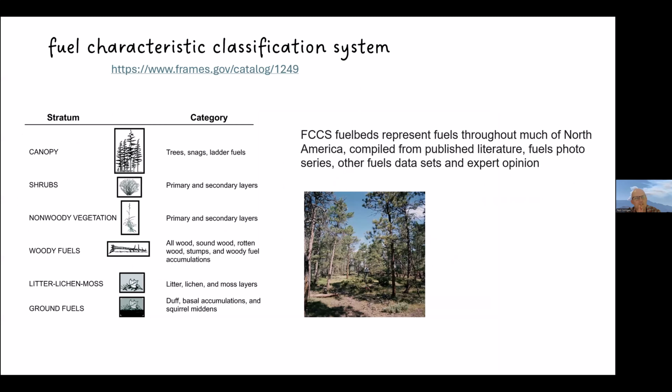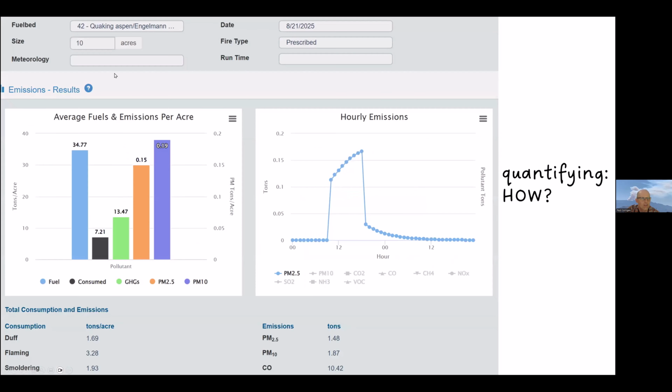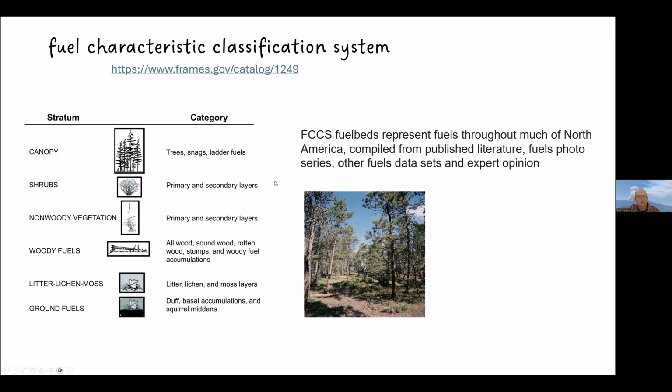Okay, so we'll switch gears to talk about the Fuel Characteristic Classification System. That fuel bed 42, quaking aspen, Engelmann spruce, is one of the many fuel beds, probably about 500 for natural vegetation, in the Fuel Characteristic Classification System. Some folks had mentioned earlier in the call, when I asked what fuel types you see in this picture, fire behavior fuel types.